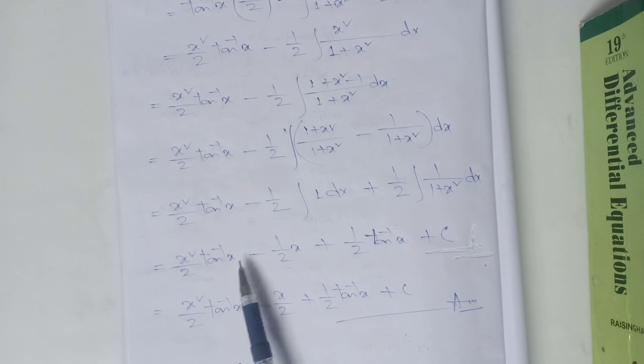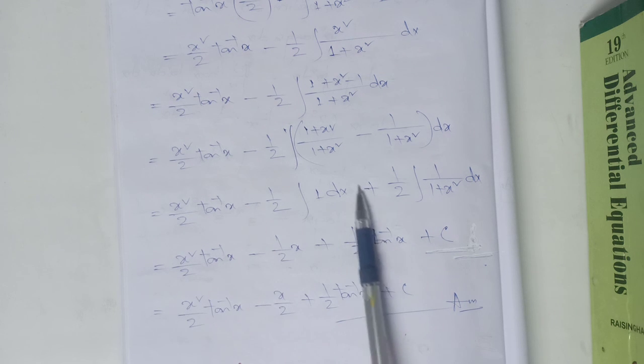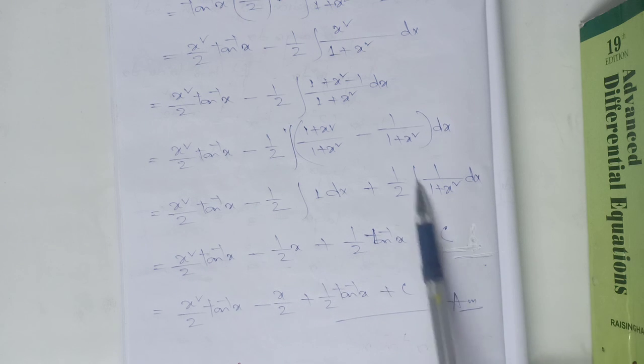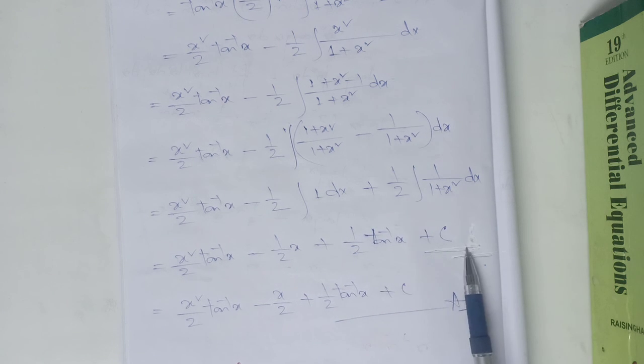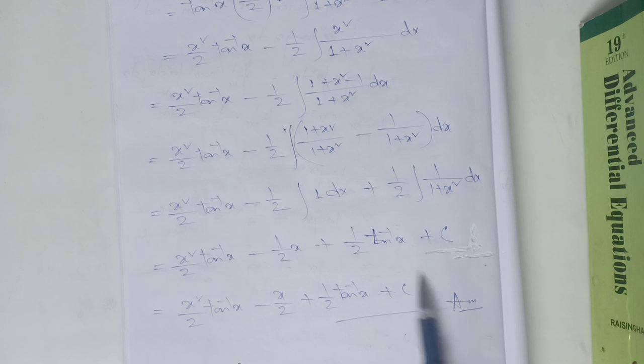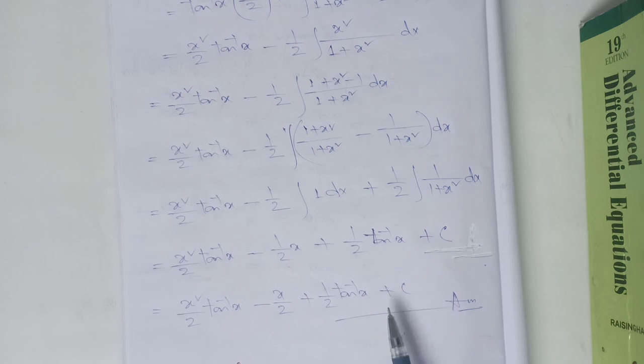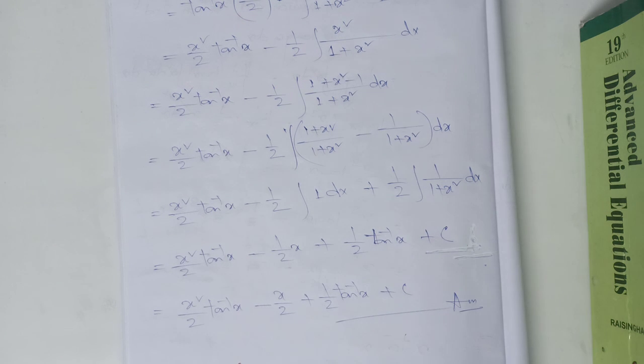Now x square by 2 tan inverse x minus integration of dx is x, so x by 2 plus half integration of this is tan inverse x plus c. So ultimately we have the result x square by 2 tan inverse x minus x by 2 plus half tan inverse x plus c. So students, I hope all of you are getting this question also.